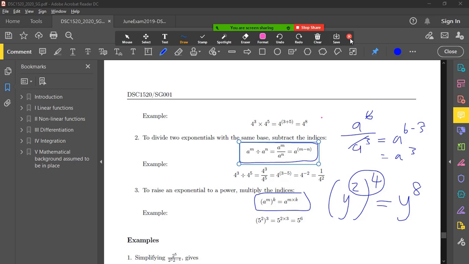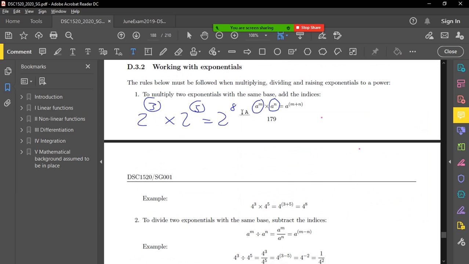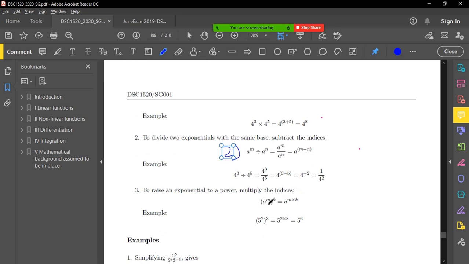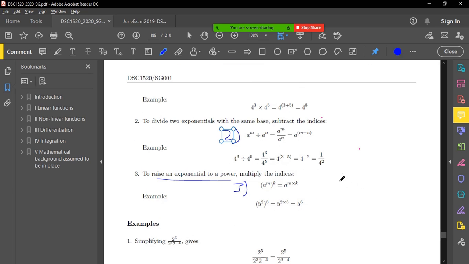If you don't have these rules, you're not going to be able to do those exponent questions. You need to go and have a look at the rules here. It's not a lot, it's just 3 rules. Rule number 1, multiplying means add. Dividing means subtract. And obviously raising it by a power. Those are the 3 exponent rules.